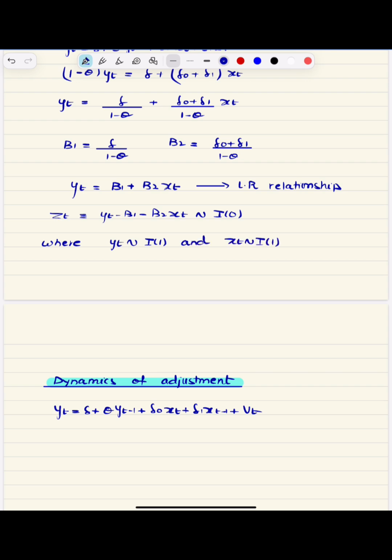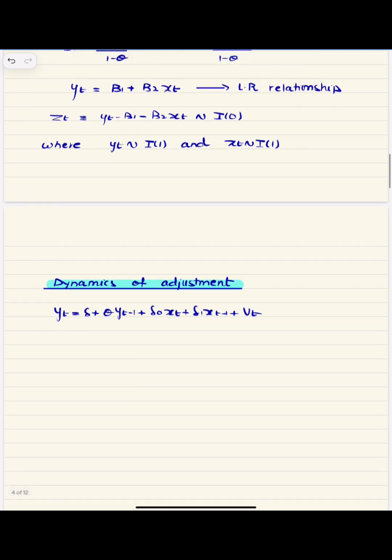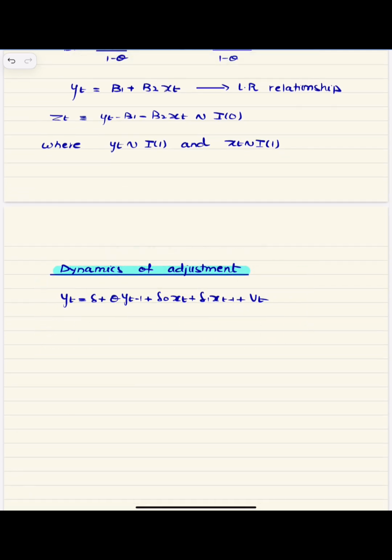So provided all of this, I want to see how y changes.